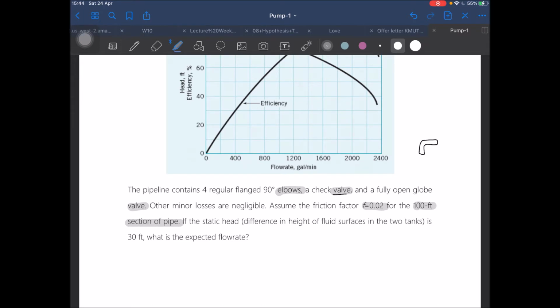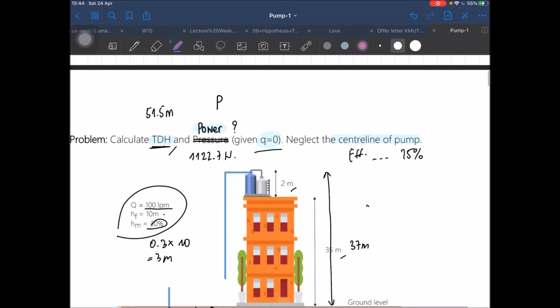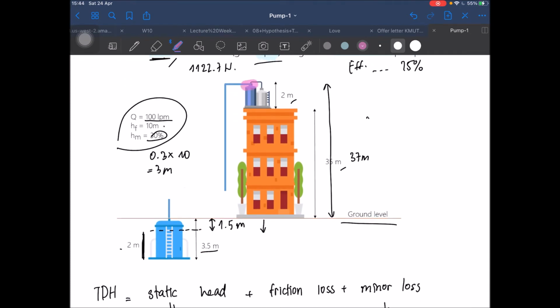If a static head, they're telling us the static head is the difference between the fluid surfaces of 2 tanks, which is like this one. This is the surface here, from this to this.